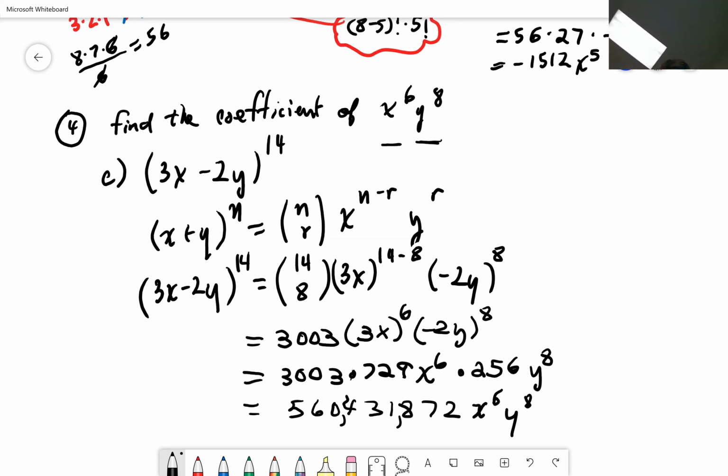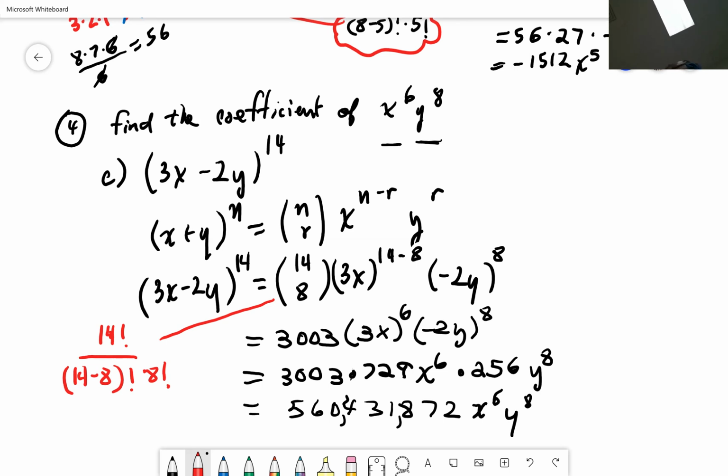Wait, how did you get 3003? Okay, so that comes from, I did it with her calculator because I didn't want to go through the trouble. But it's this. It's 14 factorial divided by 14 minus 8 factorial times 8 factorial.